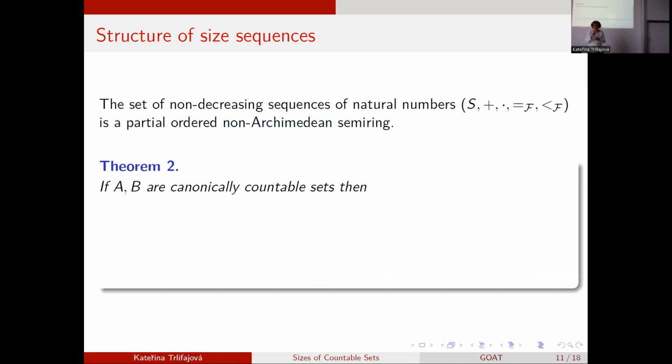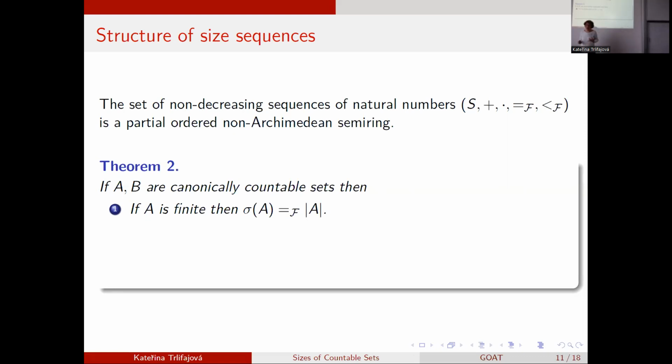And now we can prove that when we have two canonically countable sets, then if one set is finite, its size in this sequence is equal to its cardinality. Yes, because from a sufficiently great index, it is equal to the number of its elements. It doesn't matter how they are arranged.